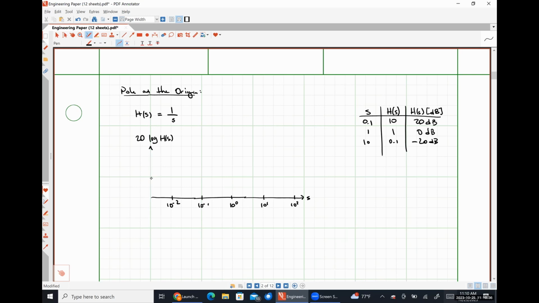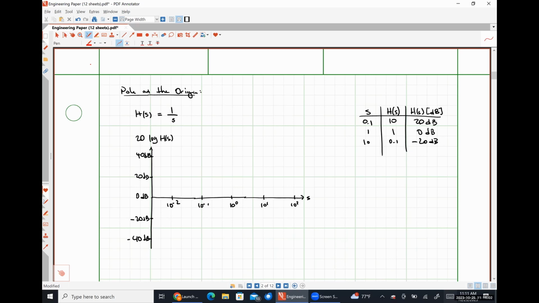Stop erasing things I don't want to erase. So let's call this 20 dB, 40 dB, 0 dB, negative 20, negative 40, like so, based on the plots.